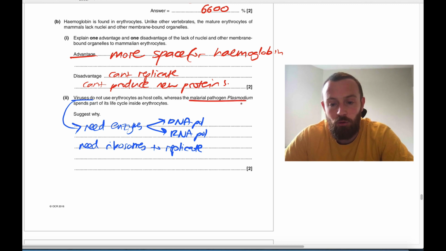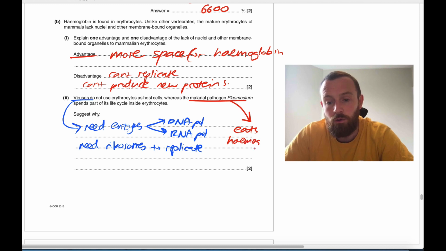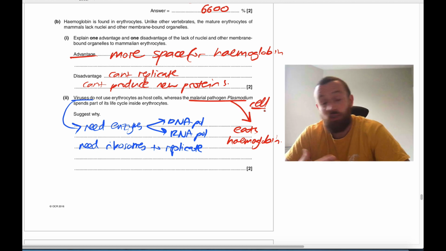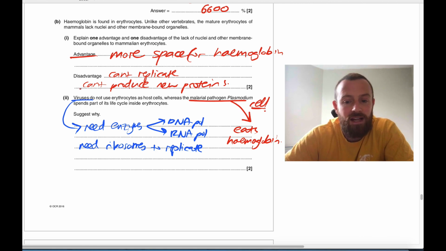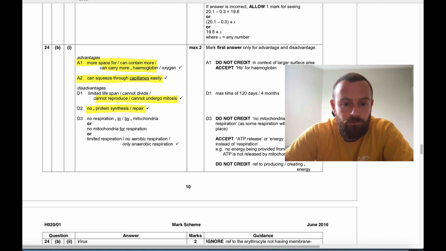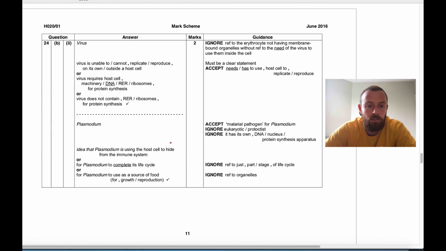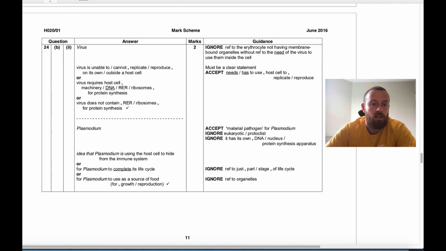Whereas the malarial pathogen, essentially what it does is it pretty much just eats hemoglobin. Okay, it has its own, it's a cell. It has its own machinery to grow and to replicate itself. So that's the real significant difference. In the mark scheme here, that's what we find.